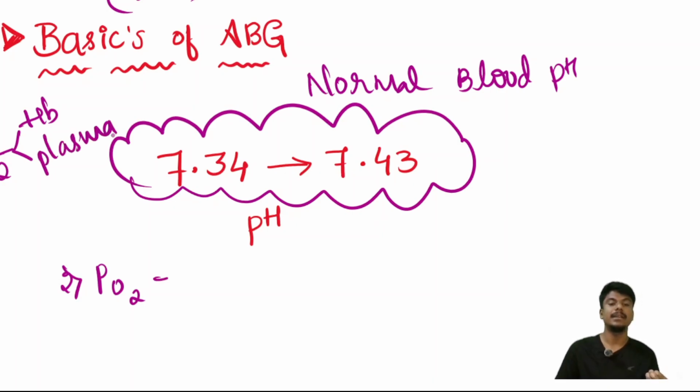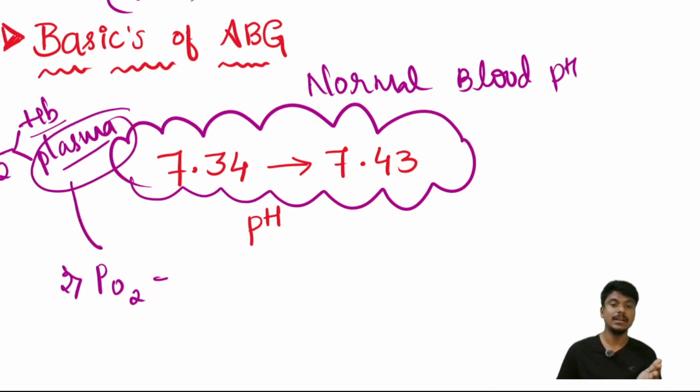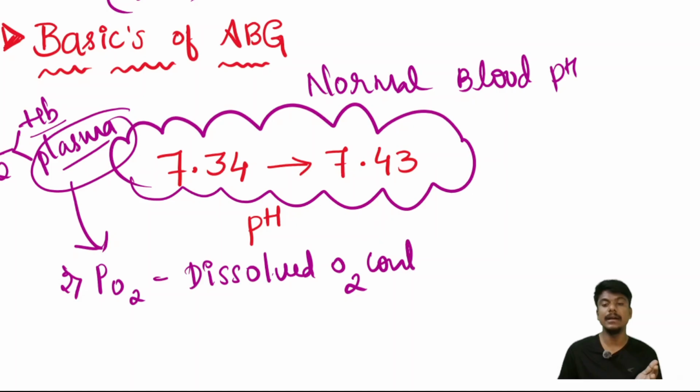In your blood there will be plasma, and the O2 will dissolve in the plasma and travel to distant tissues or organs. So in ABG, we are checking the dissolved O2 content in the plasma.